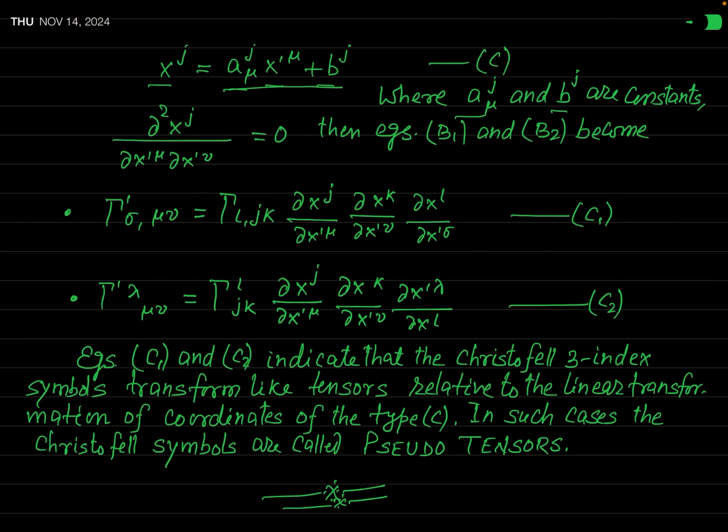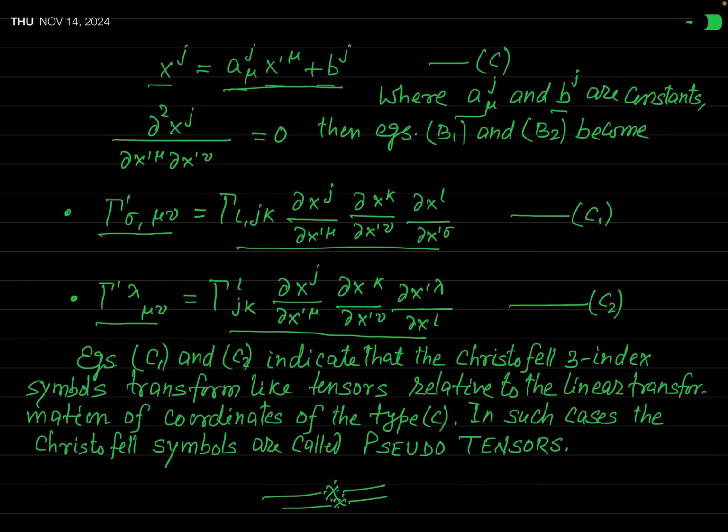And if this second term is 0, then what is the transformation law obeyed by the two kinds of Christoffel symbol? For the first kind, the transformation law will be like this, and for the second kind, it will be like this. And these two equations clearly imply that in this condition these symbols obey the transformation law of a tensor.